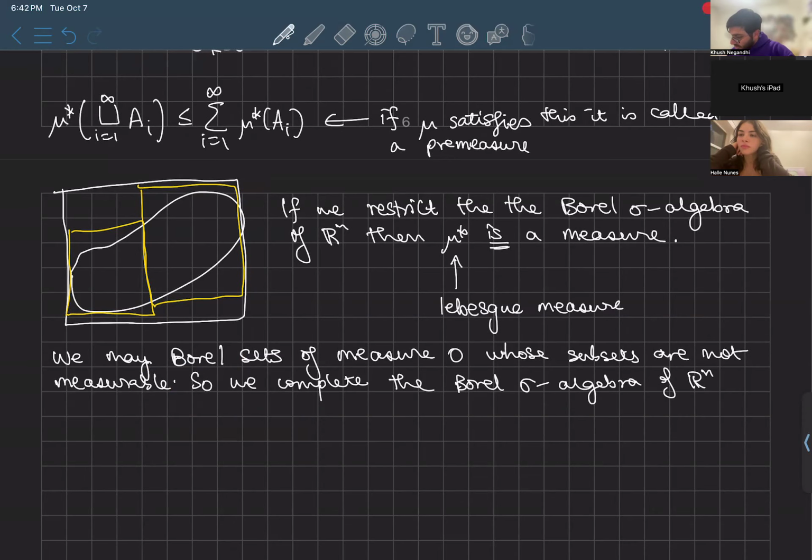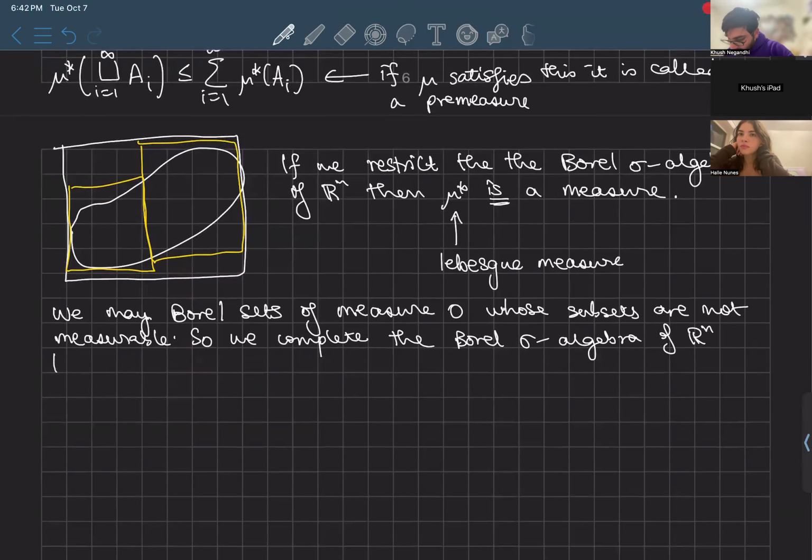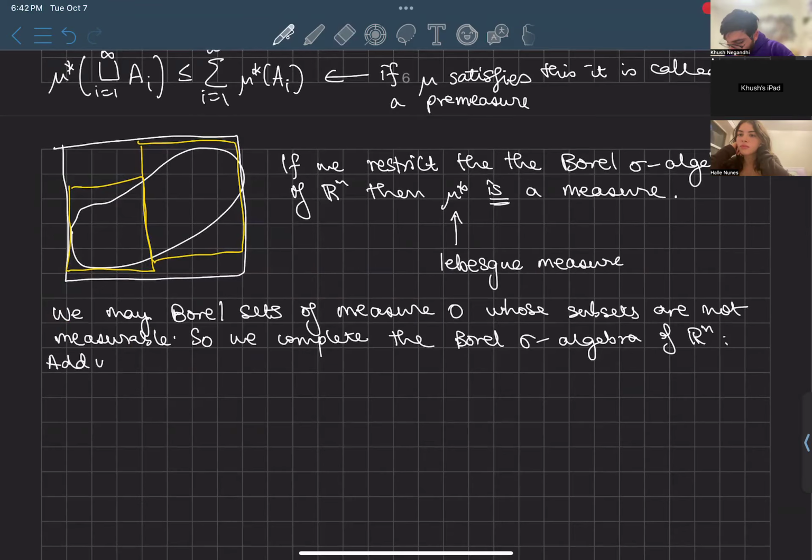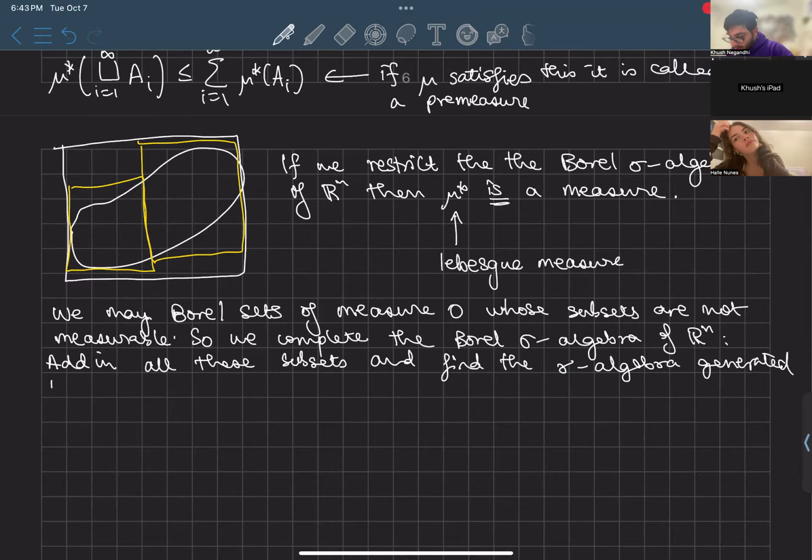So add in all these subsets and find the sigma algebra generated by this new collection.